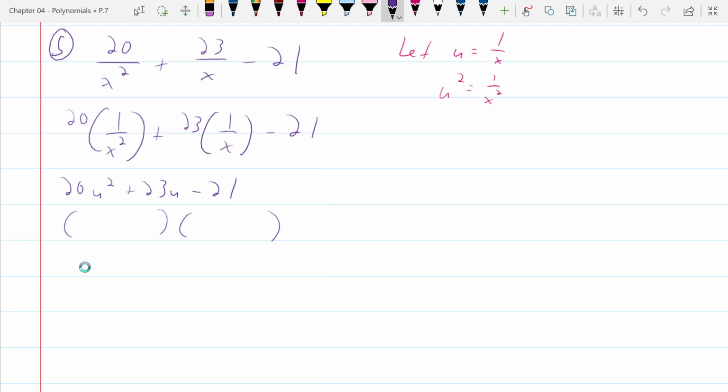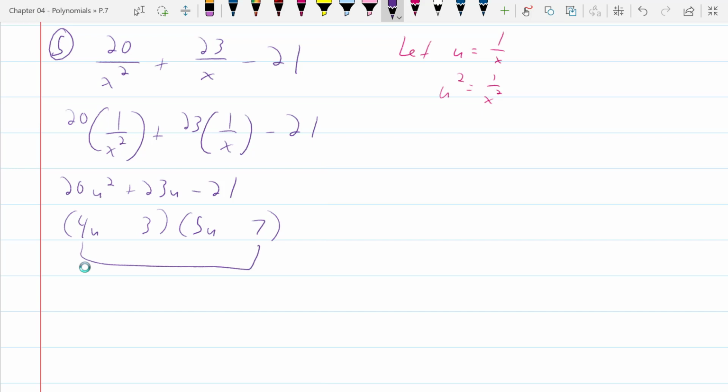Those are my options. I typically will start with the middle one, so I'll try a 4 and a 5 with a u and a u. And then 21 could be 21 and 1. Well, if it was 21 and 1, 21 times 4 and 21 times 5, those are too big. We're not going to get to 23 with that. So I want to try a 3 and a 7. So let's try 3 and 7.